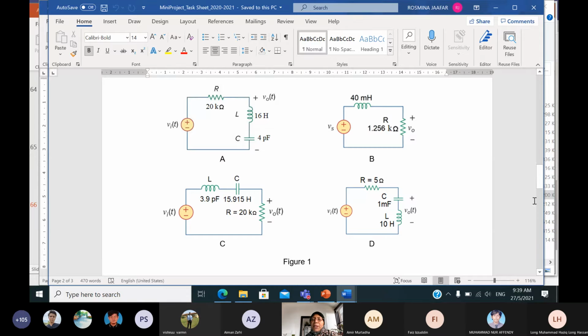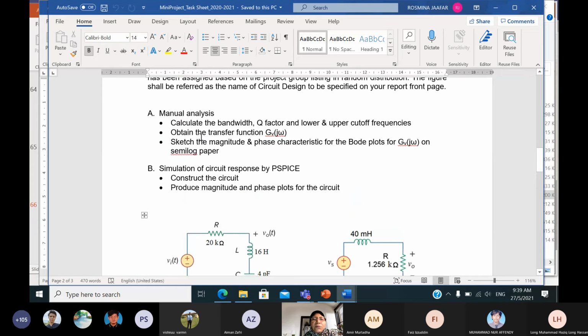So when using the simulator, from your simulation, you can see actually whether your theoretical guess is true or not.